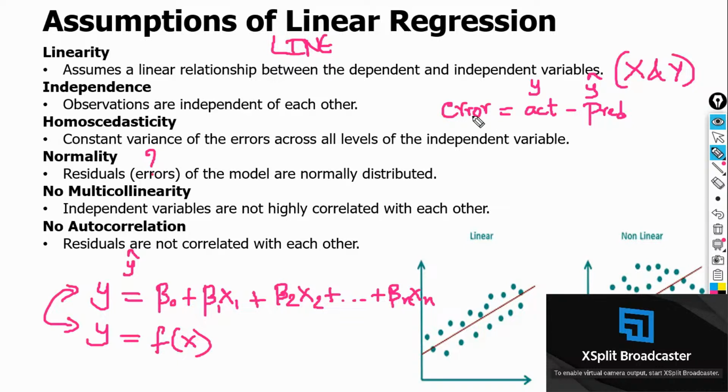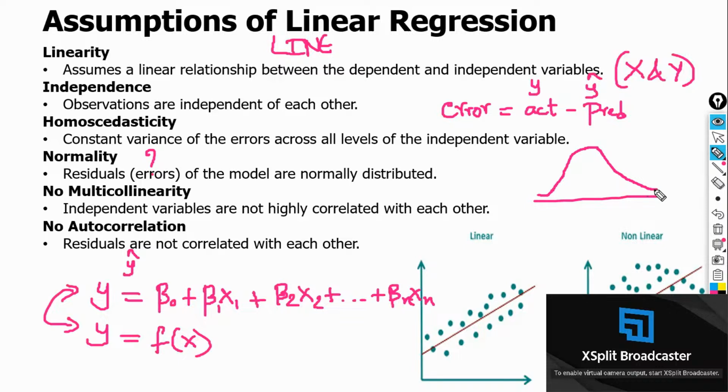These errors are also called residuals. Errors or residuals, both are same. So the residuals or the errors of the model should be normally distributed. What is normal distribution? It should form a bell-shaped curve.